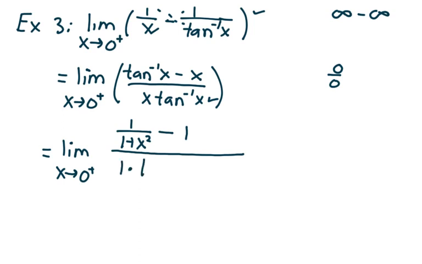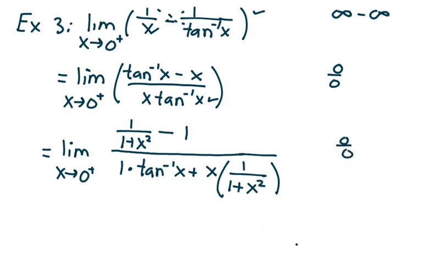So I get 1 times arctangent of x plus x times the derivative of arctan x, which is 1 over 1 plus x squared. But when I let x go to 0, I still get indeterminate form of type 0 over 0. Okay? And because of that, I'm going to do L'Hopital's rule again. So it can be a little involved at times.